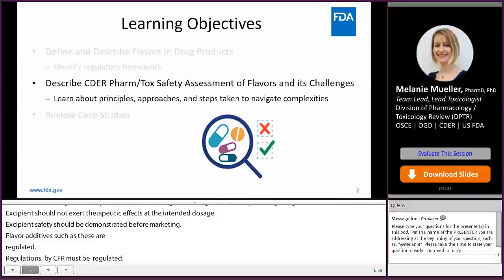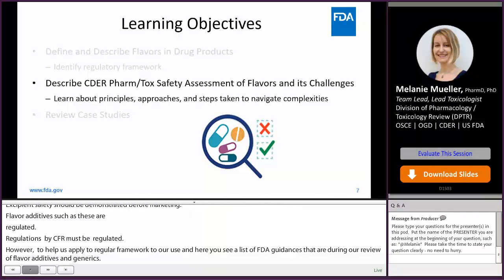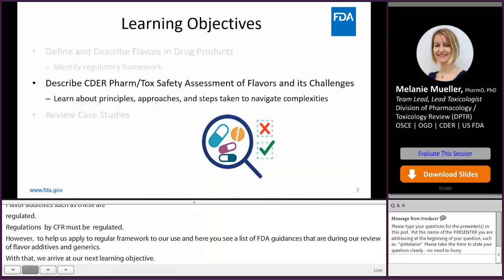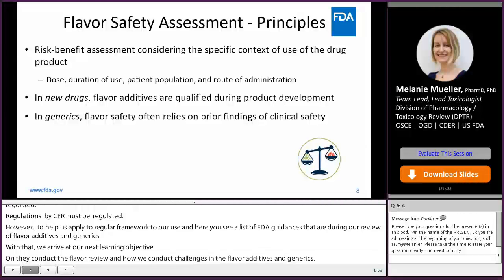And with that, we arrive at our next learning objective: how PharmTox conducts safety flavor review and how we navigate challenges that we commonly face during review of flavor additives in generics. To start our second learning objective, I would like to reiterate the PharmTox principle underlying our reviews. We conduct a risk-benefit assessment considering the specific context of use of a drug product.